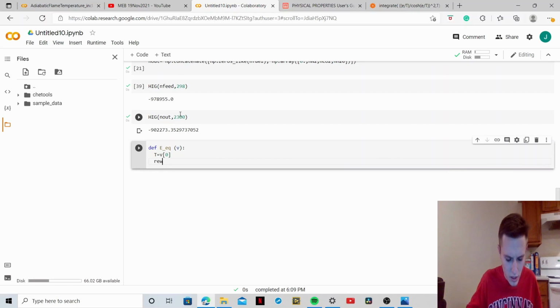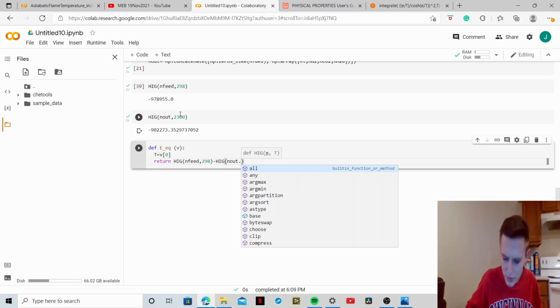And then we'll go down here and do return our HIG, our enthalpy of an ideal gas, of our in feed at our initial temperature, so 298 Kelvin, minus HIG of our out at our guess of temperature.